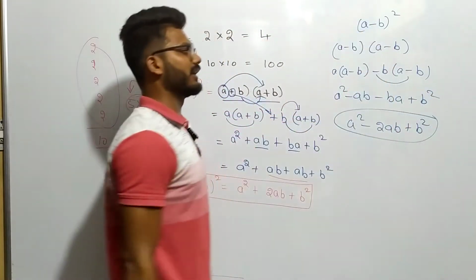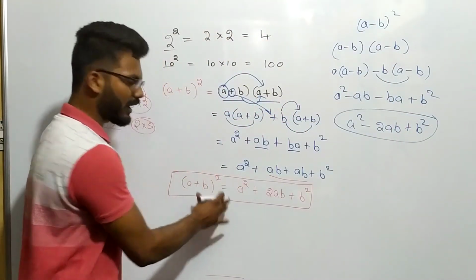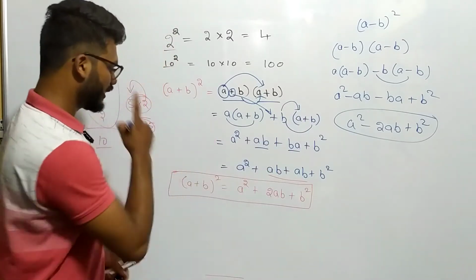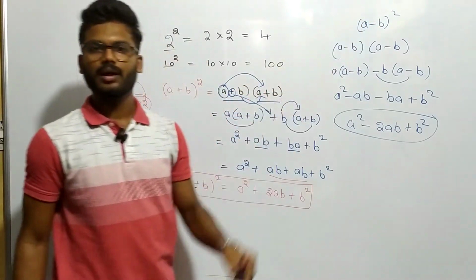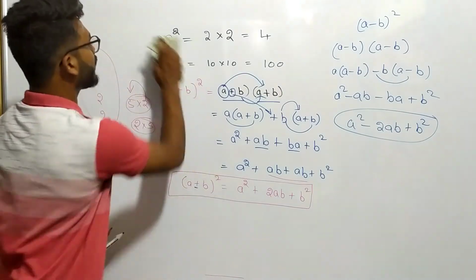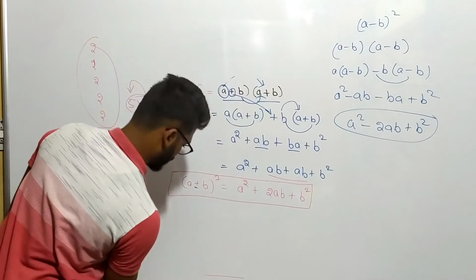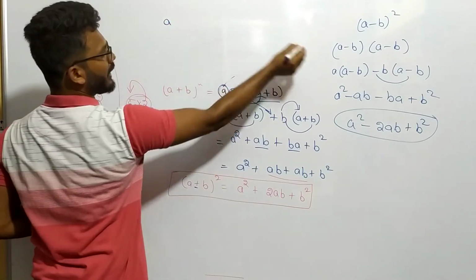You can write like this, or one more way. If you already know this formula, you can find this one. How? See, in the place of plus b, what do we have here? Minus b. So, we have a minus b whole square.